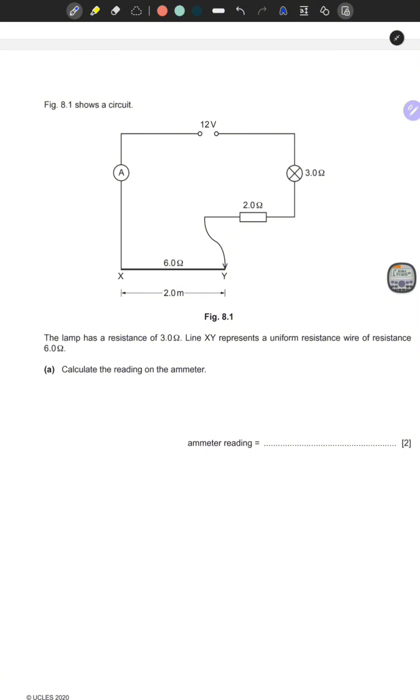Alright, in order to calculate the reading on the ammeter, we have to recap the rule which states that R is equal to V over I. V is the voltage and I here is the current. That's when I want to find the resistance, but here the question wants me to find the current in the ammeter.